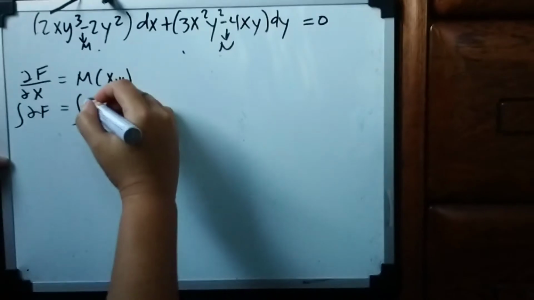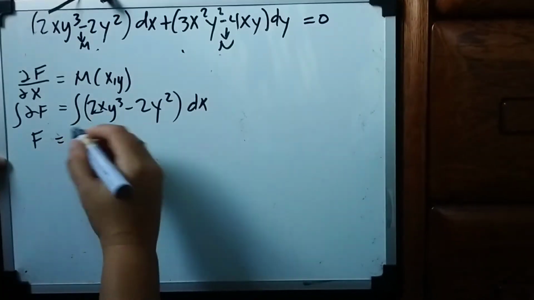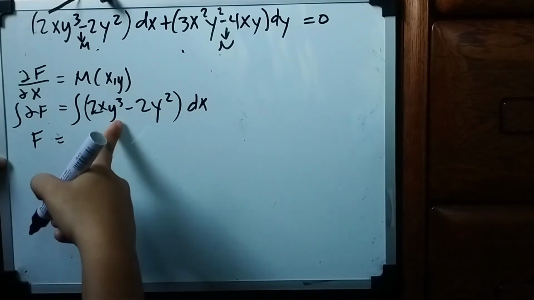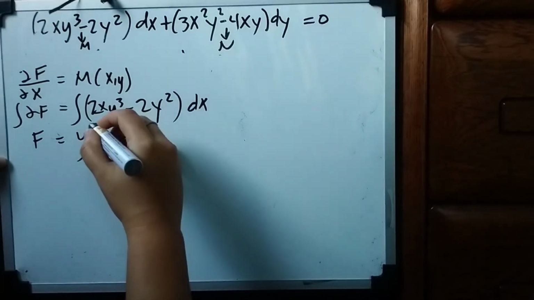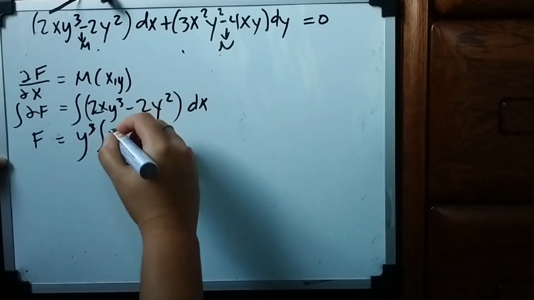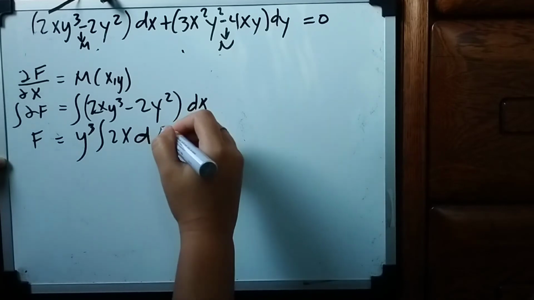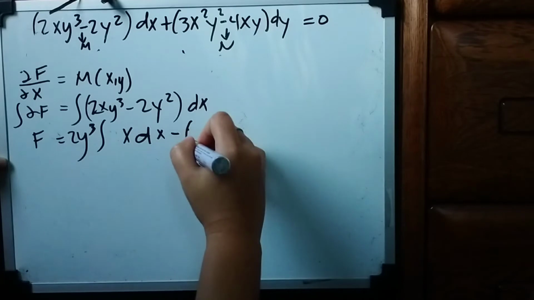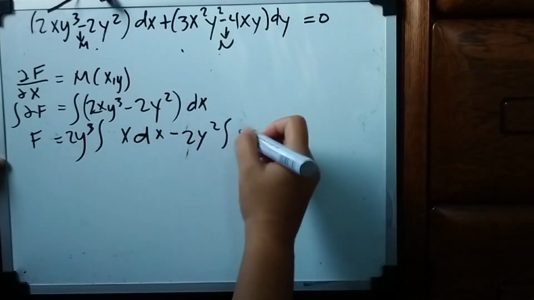So here we will have to integrate M, xy cubed minus 2y squared, dx. And then this will become f. Here, we are integrating in terms of x, so we will treat the y variable as constant, so we will take this y variable outside of the integral. This is basically the integral of x dx minus the integral of 2y squared, because it's basically in terms of x.